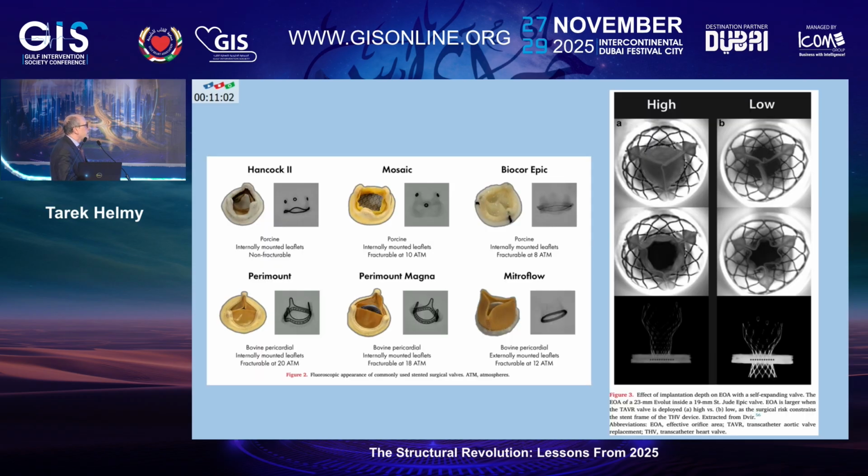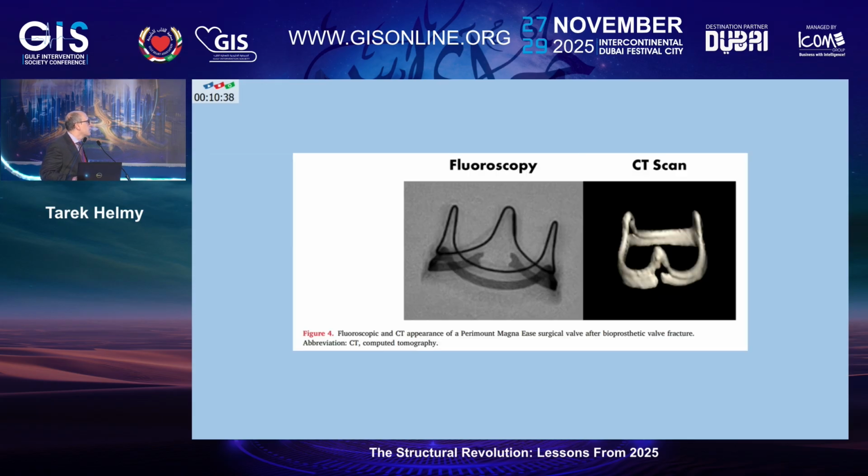And there are a lot of modes of failure, whether it's stenosis or regurgitation, and it's important to take into consideration the type of valve that has been used, the surgical valve, whether it's fracturable or not, the positioning of your TAVI within the previously implanted bioprosthesis, and the space that is available after your valve is implanted between the VTC and the VTA. And these are some things to keep in mind.